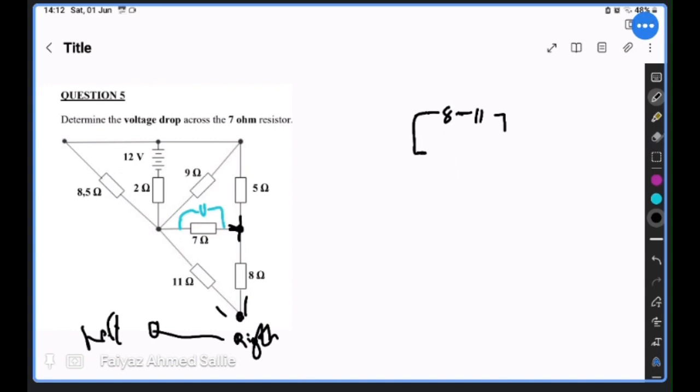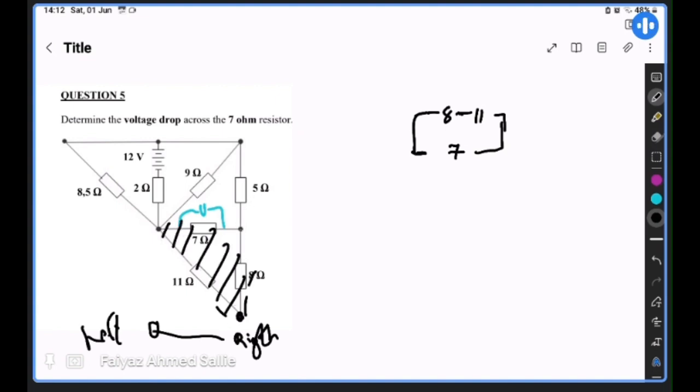We have that one, and then we'll draw another branch. But we know that this branch and that branch connect, so we're going to put a 7 here, and we're going to connect it with the 11, because the 7 is connected with the 11 as well as the 8. So we are done with this one.